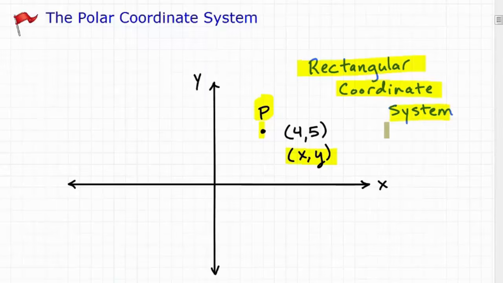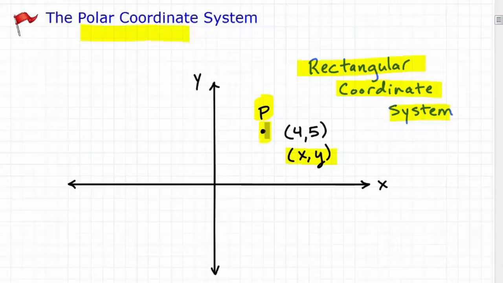It's very useful, and we want to keep this system. But the polar coordinate system comes in handy in some of those examples I described to you, like on a radar screen, or navigation on a sphere or something like that. We need a different type of coordinate system, and that is the polar coordinate system.